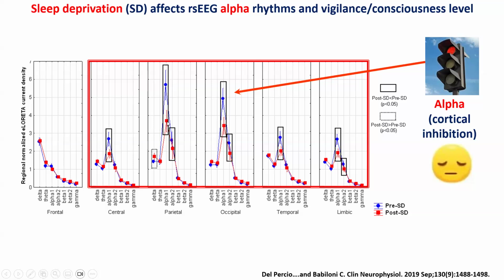We observed a clear reduction of source activity in the same condition of resting state, eyes closed, quiet vigilance, relaxed wakefulness. In other words, even if from a behavioral point of view we have a relaxed wakefulness, you see that there is a different source activity in posterior alpha rhythms.